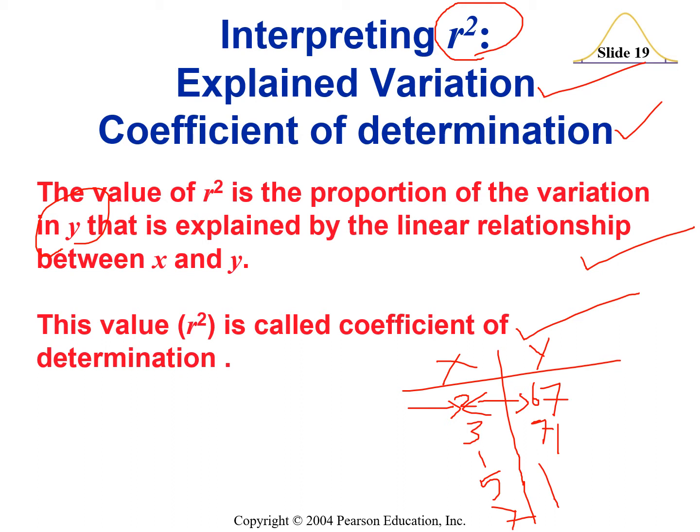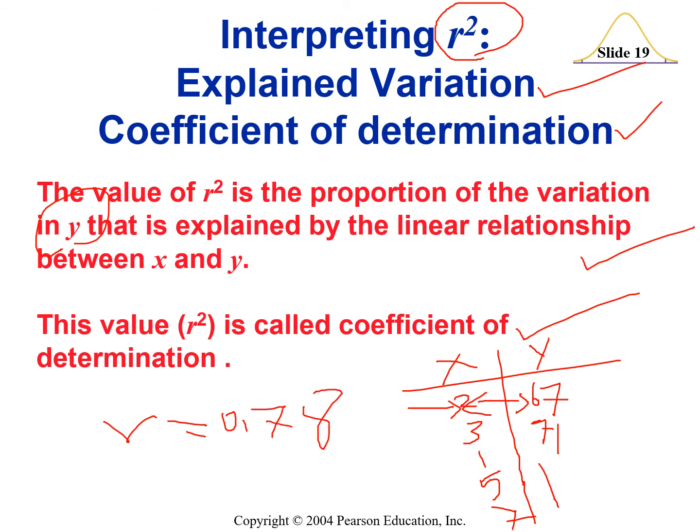Let's say small r, the linear correlation coefficient computed for the linear relation between paired x and y, is 0.78.